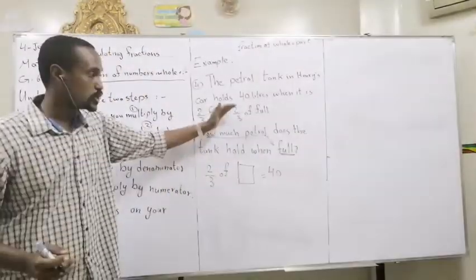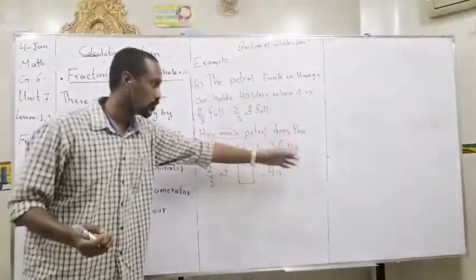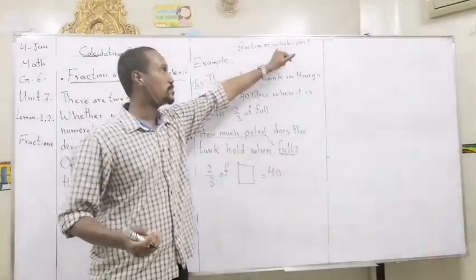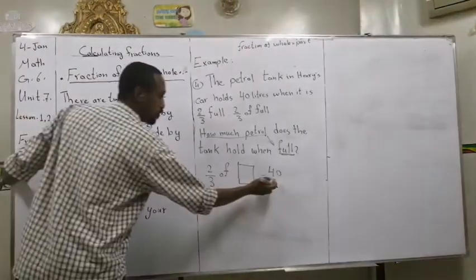If you didn't understand it, continue. We may understand the question from the rest of the words. So they want full. Full refers to the whole. That means what did they give us? They gave us parts. Let's do it now.